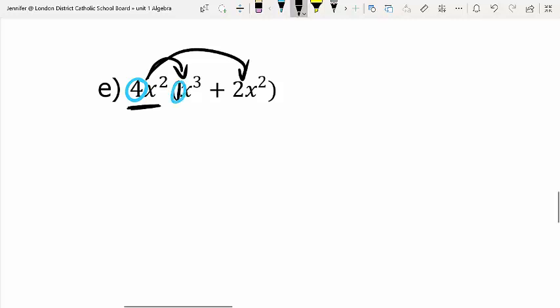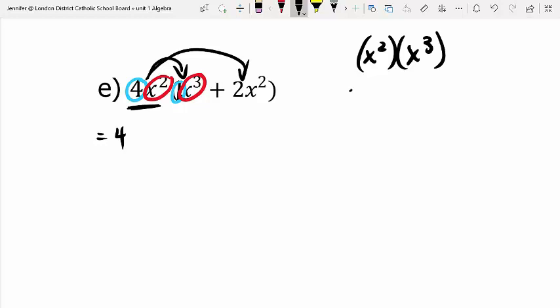So 4 times 1 is 4. Then multiply the variable parts together. So the x squared times the x cubed. Okay? And if you remember from yesterday, x squared times x cubed, use the product rule which says keep the base, add the exponents. So we get x to the 5.